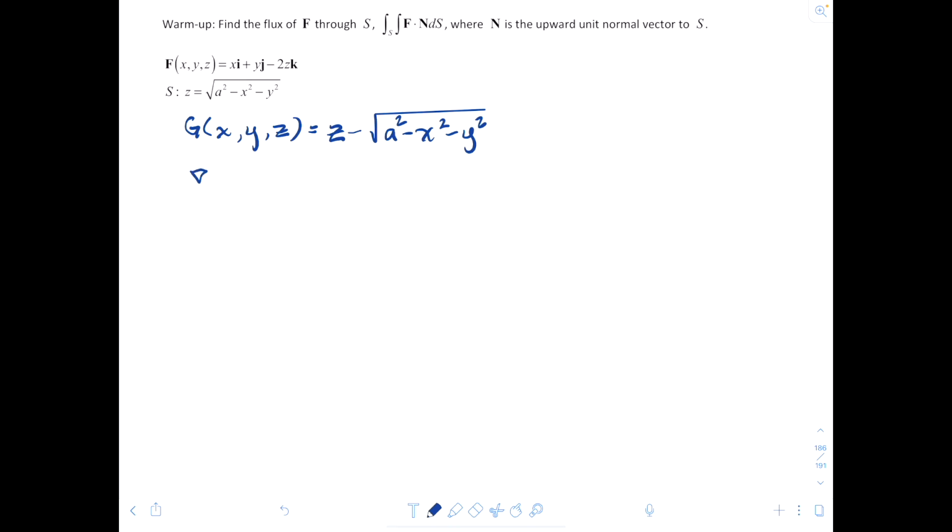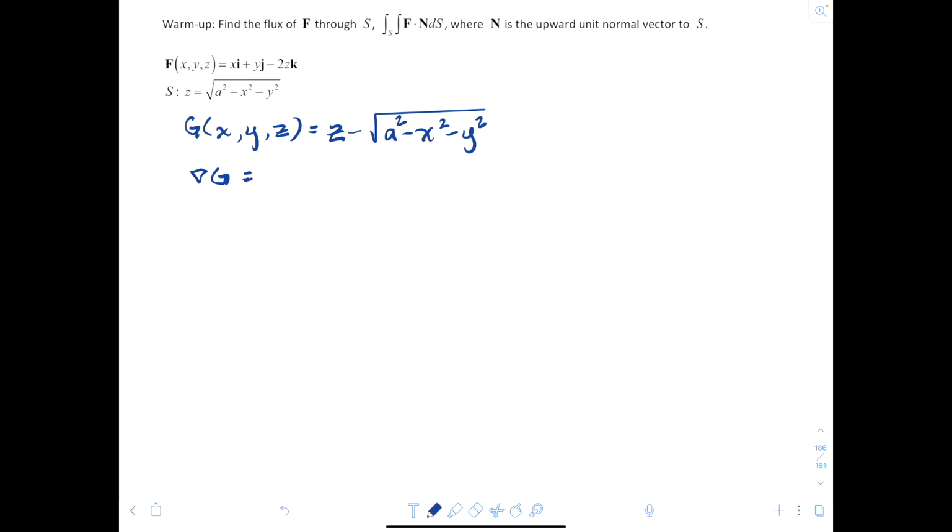And then the gradient of g, del g, will be equal to, well, we've got to find our first partial with respect to x times i, minus the first partial with respect to y times j, and then it's just going to be plus 1 times k because the coefficient of z is 1. All right, so here we go.